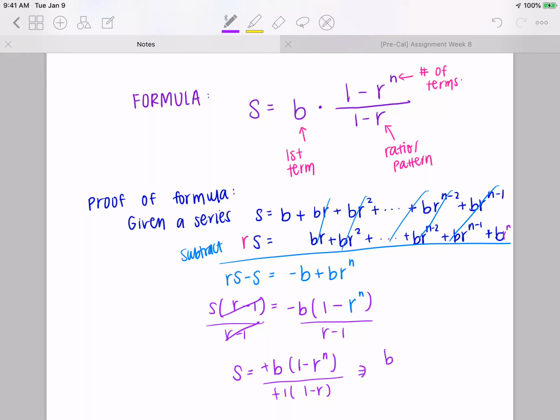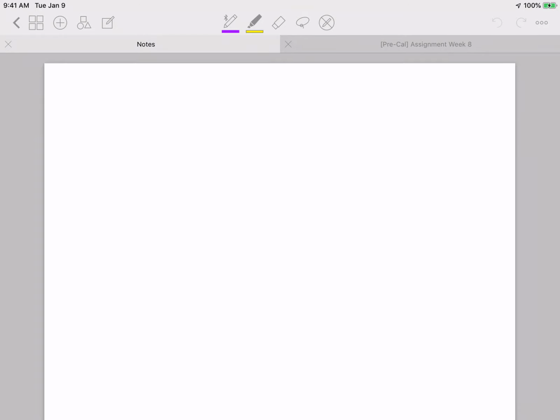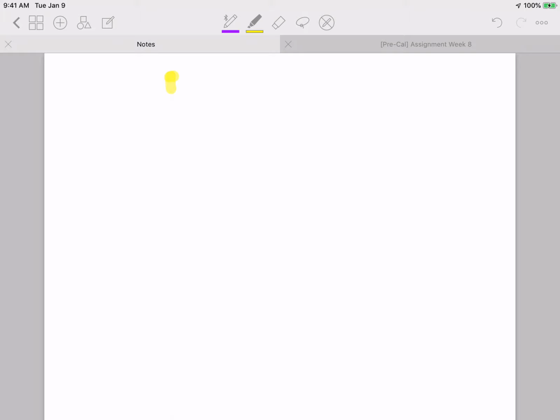I have B times 1 minus R to the nth power all over 1 minus R, which is the formula up here. Okay, now I'm going to go over the examples. I'm going to write the formula one more time so you guys can refer to this.